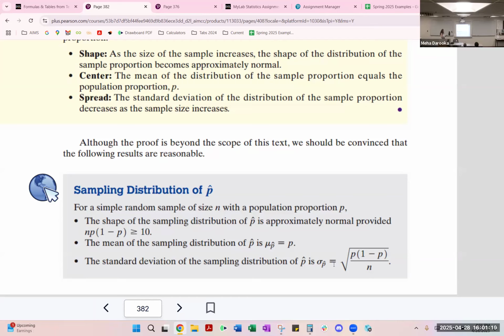And then you can see the calculation for the standard deviation of your sampling distribution. Obviously the math changes a little bit because you're looking at proportions here as opposed to means. Okay, so we'll pick up from here and we'll talk about how to do these calculations, do a couple examples, and then we'll move on to hypothesis testing and confidence intervals, okay?